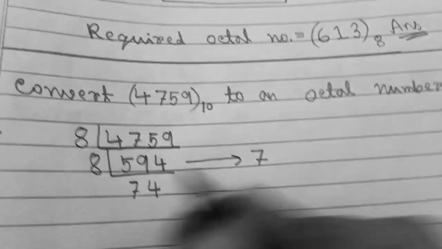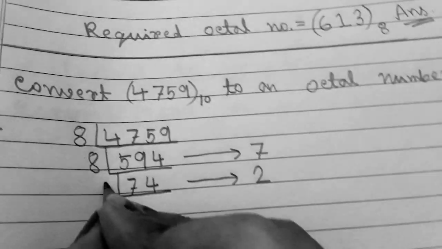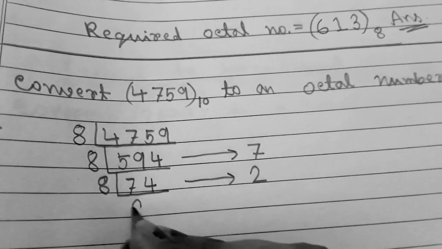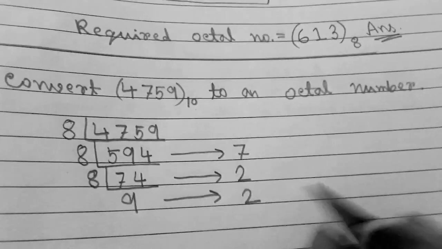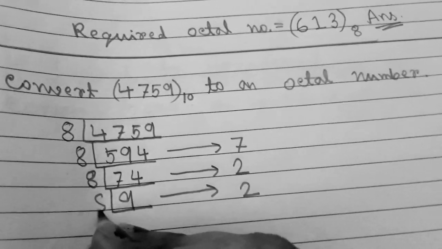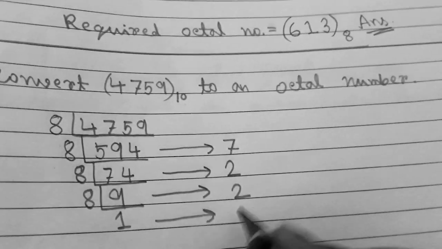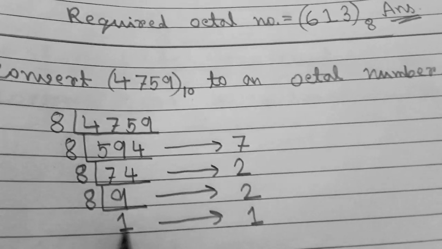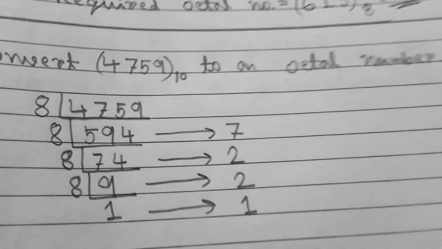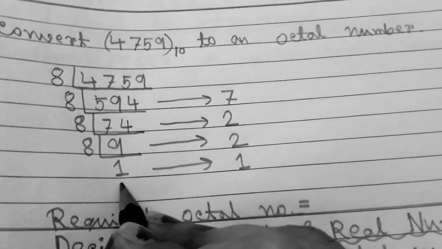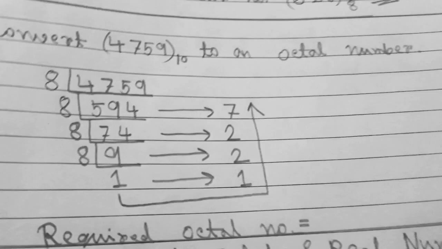Then 74, then keep aside the remainder, then 8 9s are 72, 2 again remainder, 8 1s are 8 and remainder 1. So now I get one result which is less than 8. So you stop here. So the required octal number is, you have to write down in reverse form.